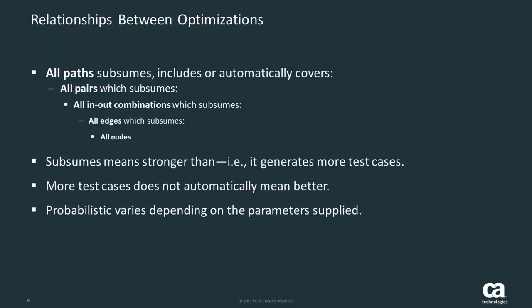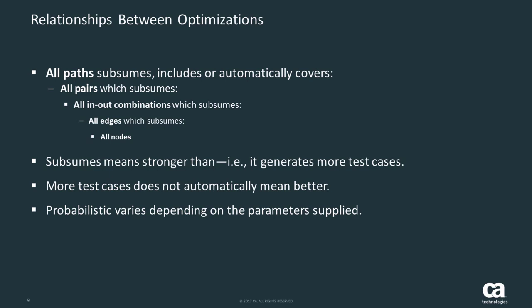Now, there's a relationship in general between the various optimizations in ARD, and I'll use this term subsumes to mean automatically covers. So, for example, all paths subsumes, it automatically covers the all pairs optimization. All pairs subsumes all in or out combinations, and all in out combinations subsumes all edges, and all edges subsumes all nodes.